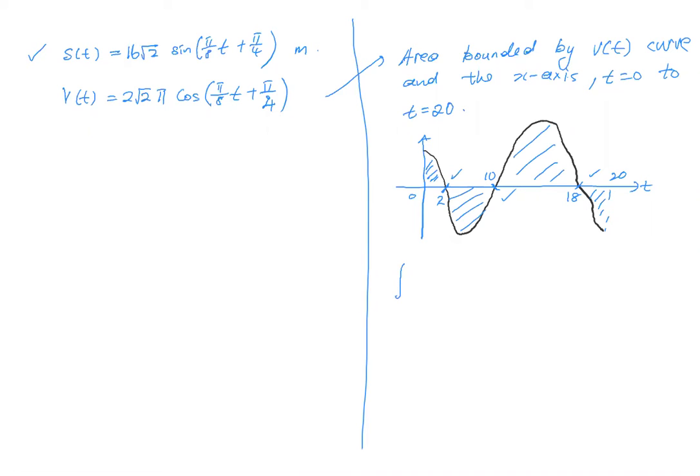Integrate 0 to 2 v(t) dt, plus, if I want to make it positive, I have to put the 10 down here, the 2 up here, correct? v(t) dt, then plus 10 to 18 v(t) dt, then plus 20 to 18 v(t) dt.